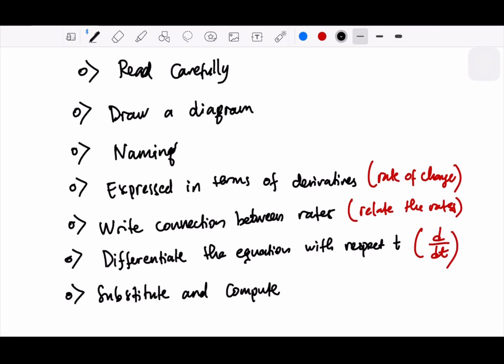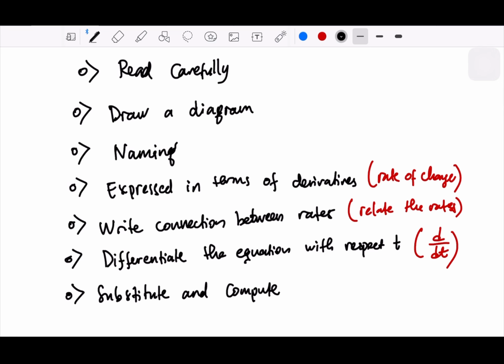Okay? So first, read carefully. If you need to draw the diagram, you may see more perspective from the drawing. And then name the variables. You can name it any variable you want actually. So x, y you can change to any variable you want.